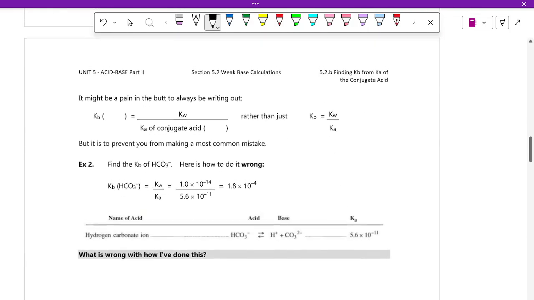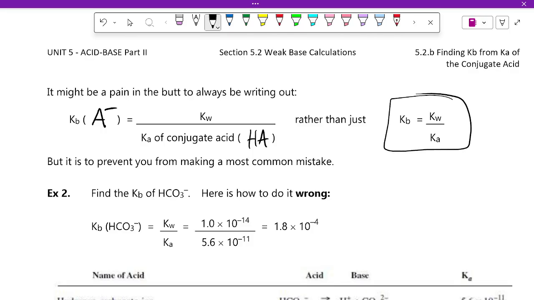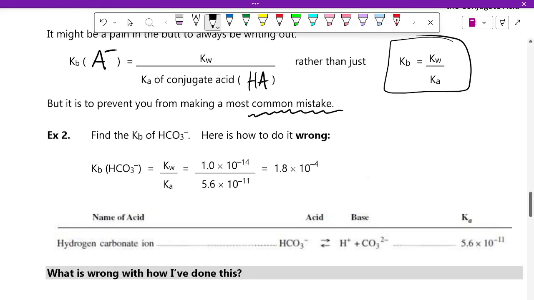All right. It is a bit of a pain to always be writing out the Kb of A minus equals Ka of the conjugate acid HA, but writing it is going to prevent you from making a very common mistake. And this is the common mistake. Find the Kb of HCO3 minus.